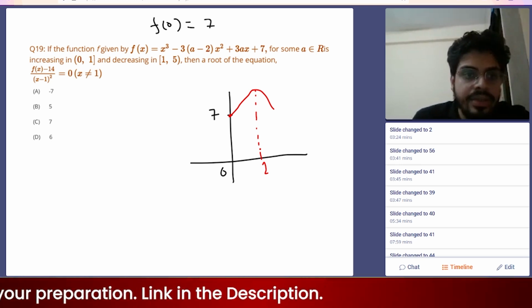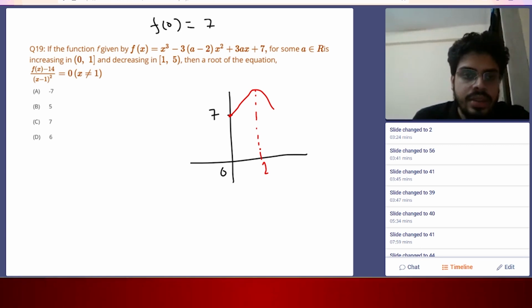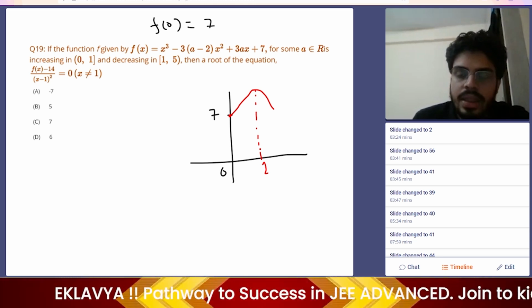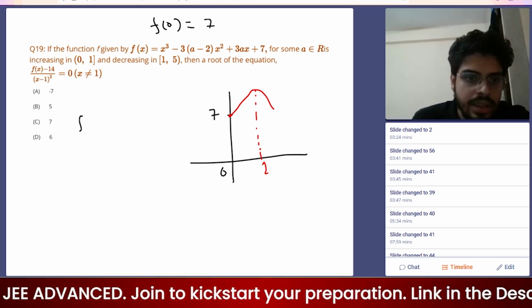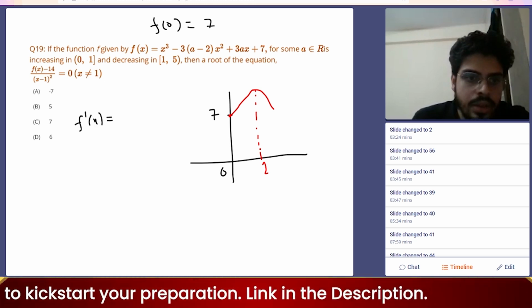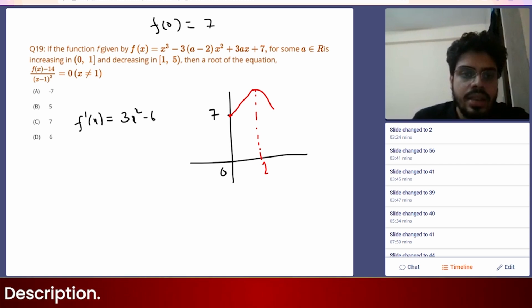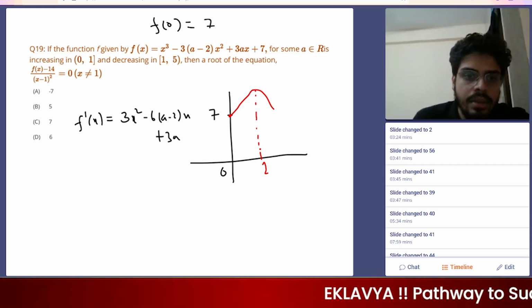So we have to find (f(x) minus 14) upon (x minus 1) whole square. So let us first, we can also find f dash x at x equal to 1 and make it 0 because it is a local maximum. So let us find f dash x. f dash x will be 3x square minus 6(a minus 2)x plus 3a.